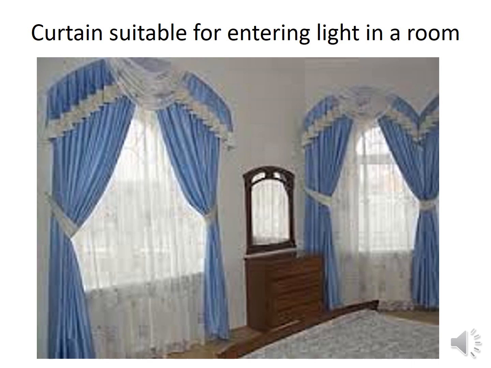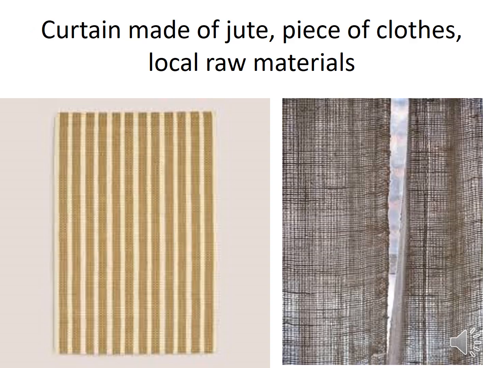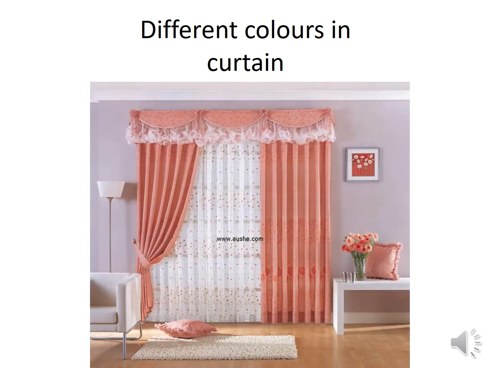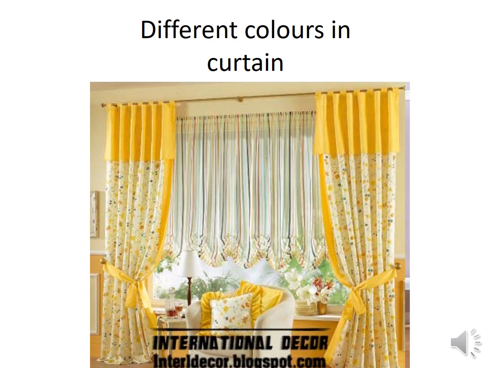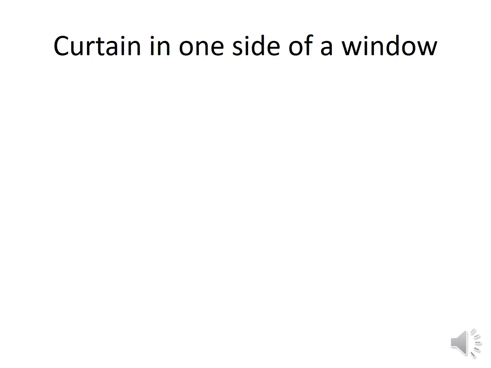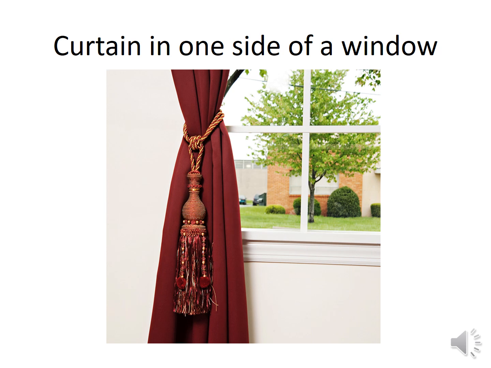You see, light color and light texture help light to enter the room. There are some curtains which are also made of local raw materials like jute, a very low price product. These are the different colors in curtains. A curtain can also be put on one side of a window just for decoration purposes.